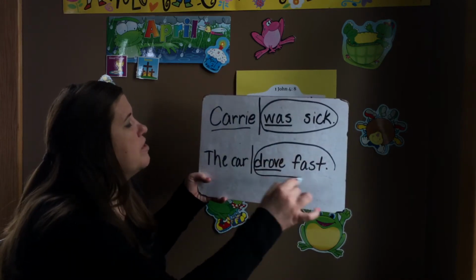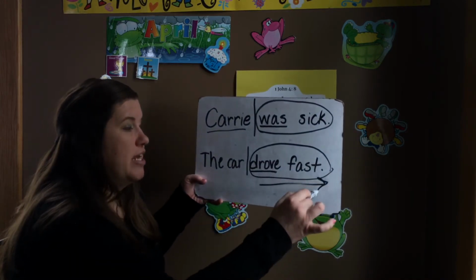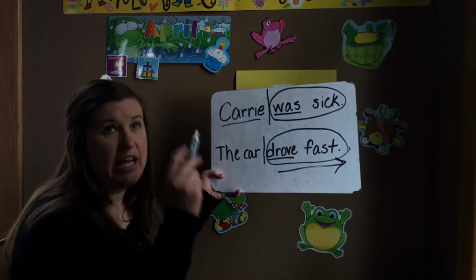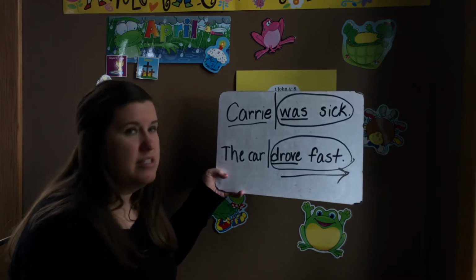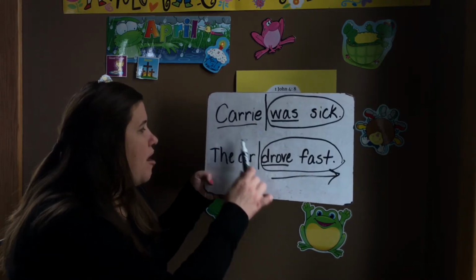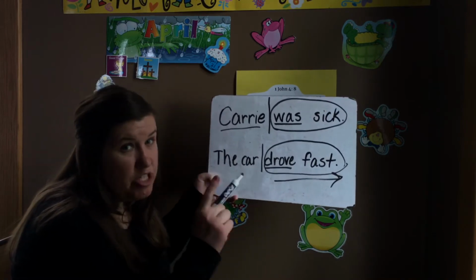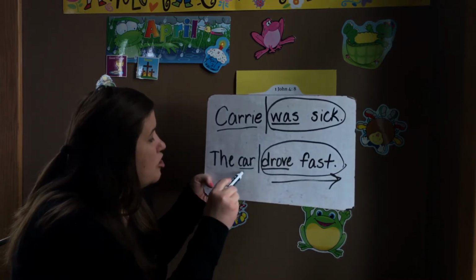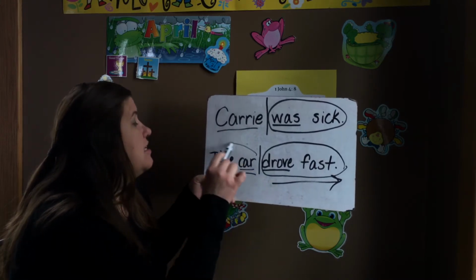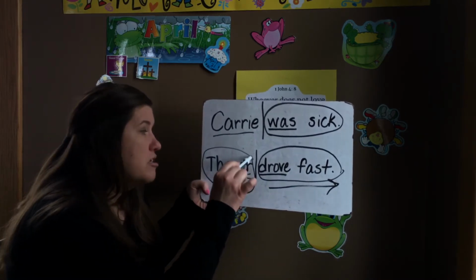I have this whole thing from the verb on to the end. Now go to the subject part and underline two times the subject. This is the subject part. But the subject is just car. That's the subject.